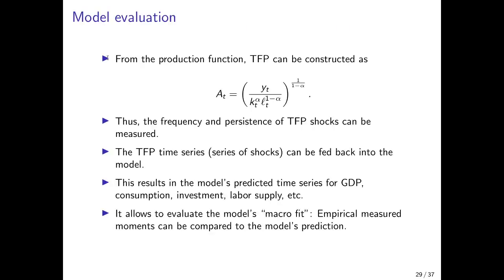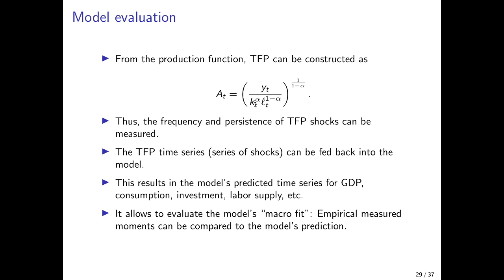Well, but that the impulse responses look reasonable and have reasonable shapes is not a proper model evaluation yet. So what is done usually in the literature is to feed the model the total factor productivity series that are constructed from the data. So the model has per capita GDP.